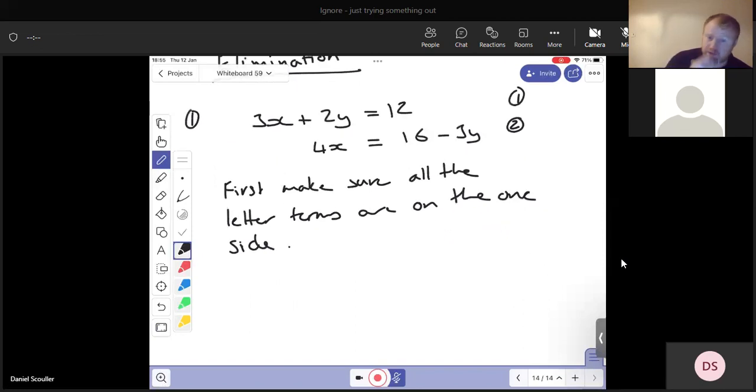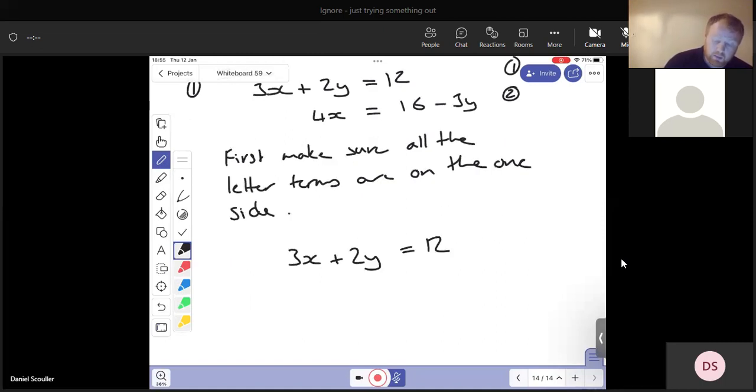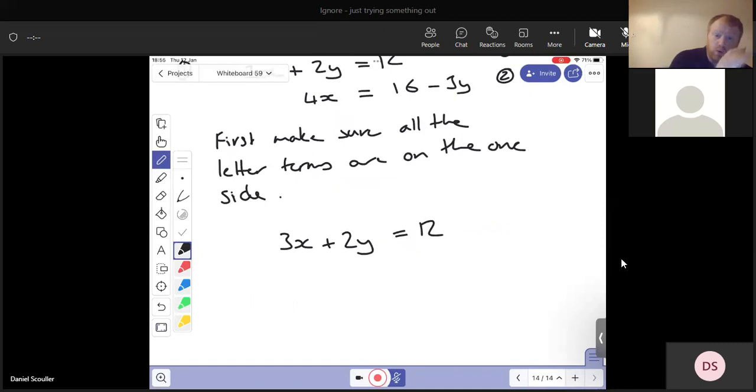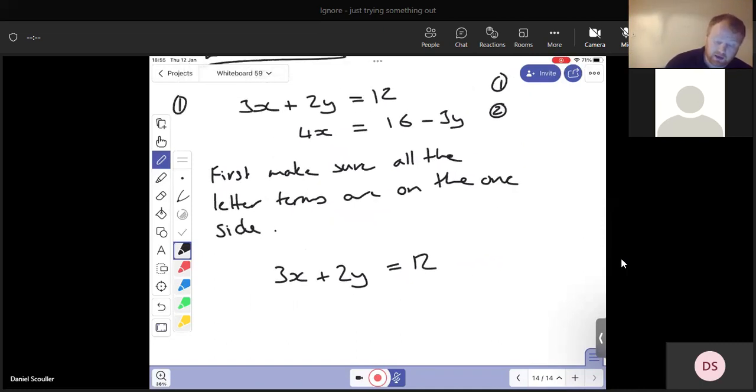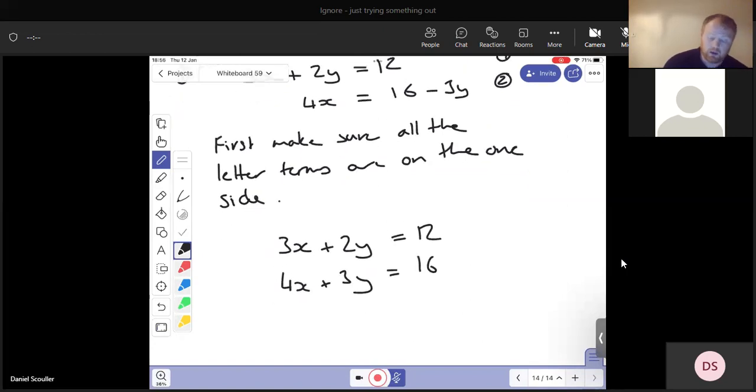Because of the way we're going to set it out, you want them one above each other. So I would keep number 1 the same, but I would bring that y term over to the left-hand side for the second equation, and I would write it 4x plus 3y equals 16. So all the unknowns are on the left-hand side, and all the whole numbers on the right-hand side.